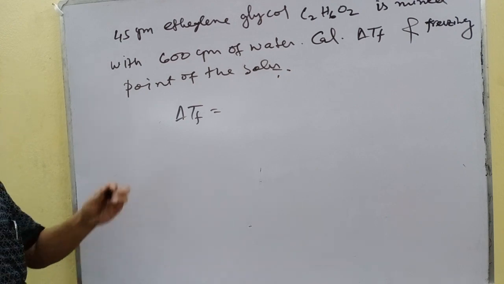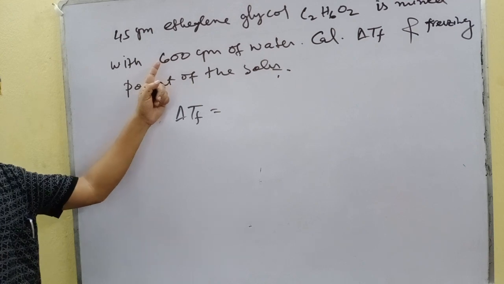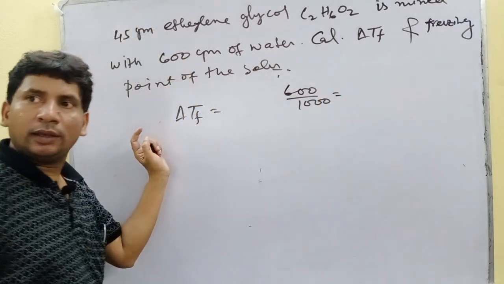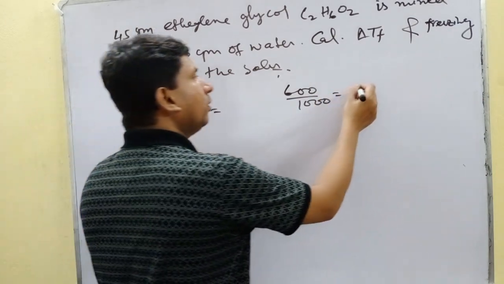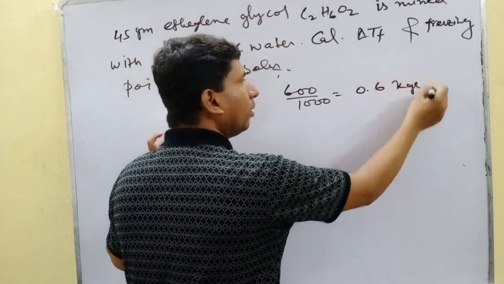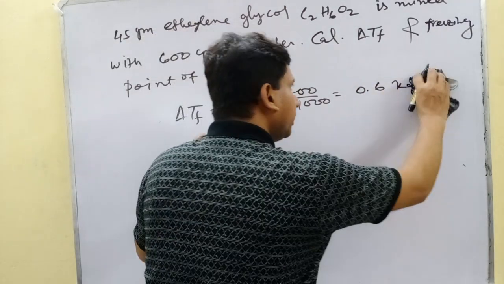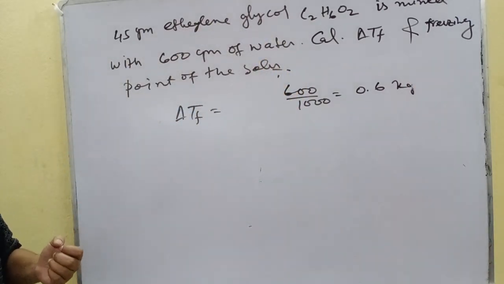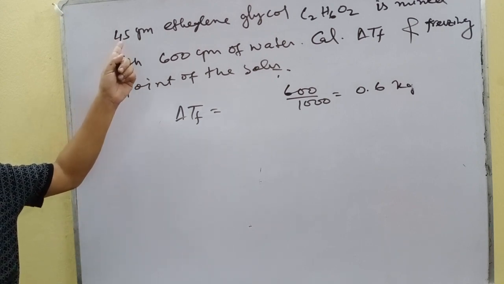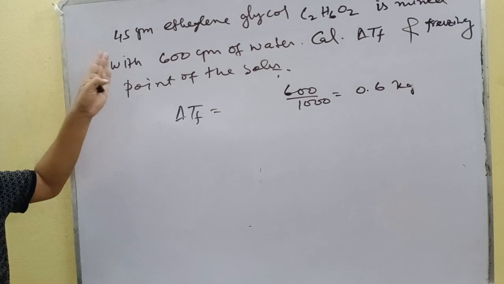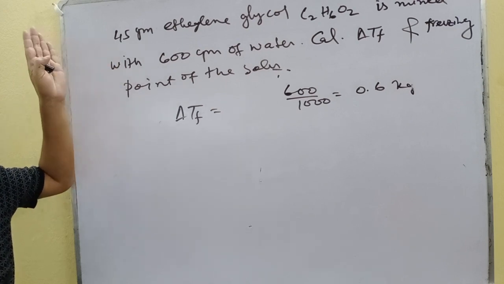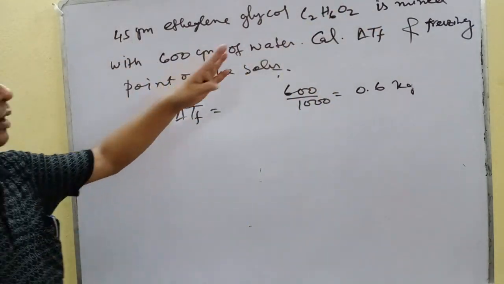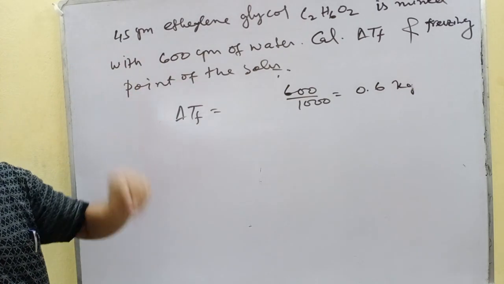Now 600 gram, that means 600 divided by 1000, equal to 0.6 kg. Okay, 0.6 kg of the solvent. Now 0.6 kg contains 45 gram. What will be the molecular weight of this?